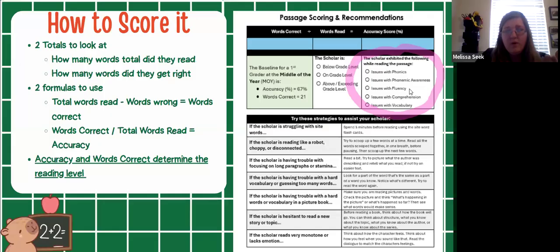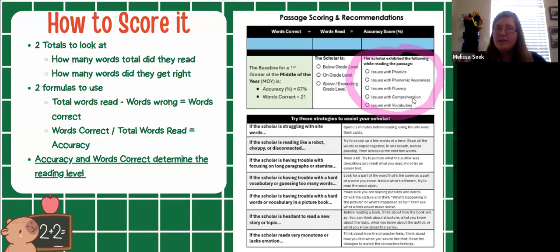Fluency is how well he's able to read that passage and make as few errors as possible. Comprehension was the questions asked. You only have to ask comprehension questions if you feel like the scholar got a pretty good sense of it while reading. If the scholar felt confident, was making few errors, and got through a decent amount of the passage, then by all means ask comprehension questions to see if they're understanding what they're reading.